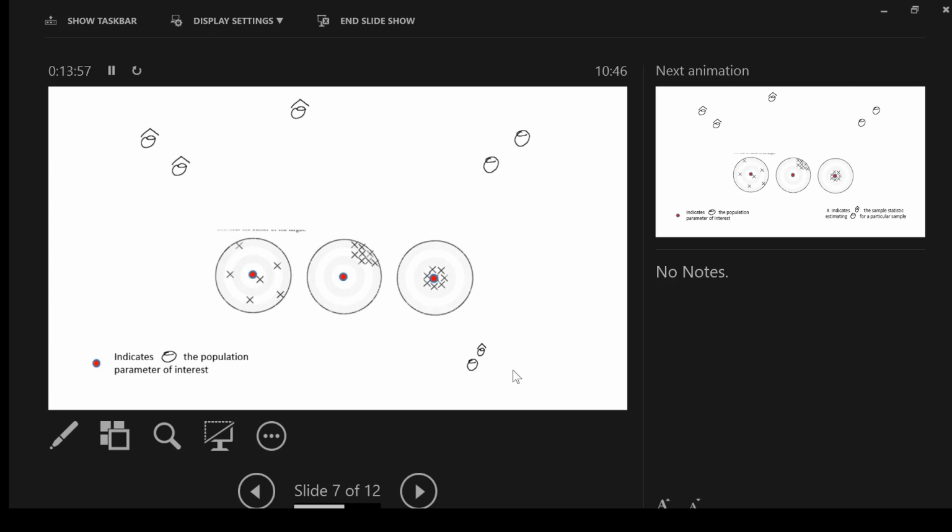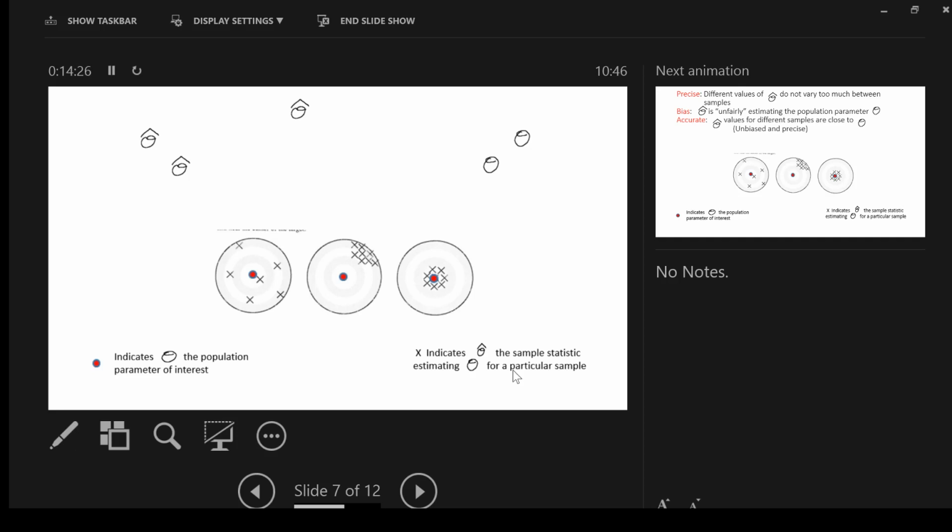Now, think of it as three different types of sampling. I did a particular kind of sampling and I did estimation, and each of these crosses indicates a sample statistic. What does that mean? It means I drew a sample and I worked out something from the sample values to estimate the population value. For example, this would be the population mean, that red dot.